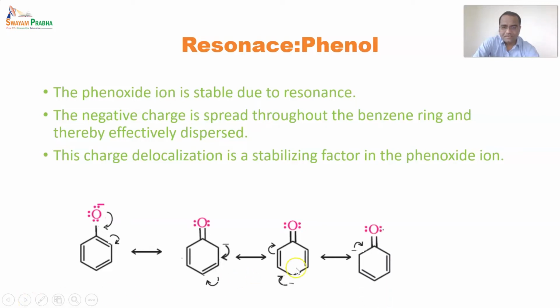Now this ortho carbon has a negative charge, and the arrow indicates that electrons will be transferred towards this carbon and form a bond. As soon as the bond forms, the pi bond between carbon and oxygen breaks and transfers electrons towards oxygen once again, forming the phenoxide ion.